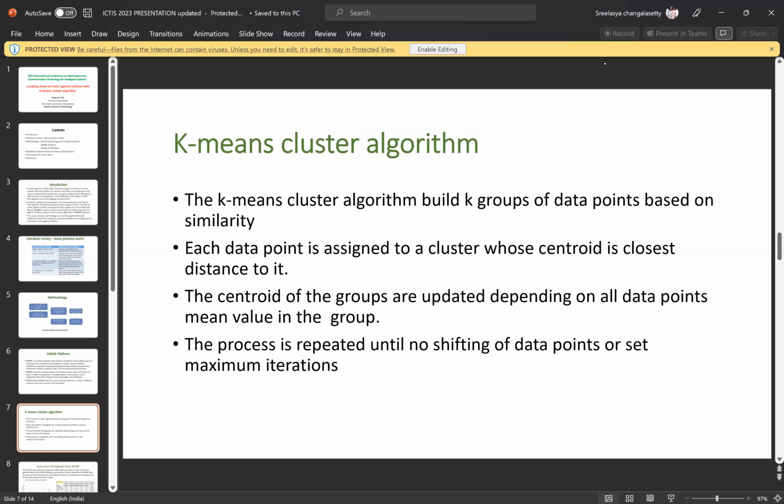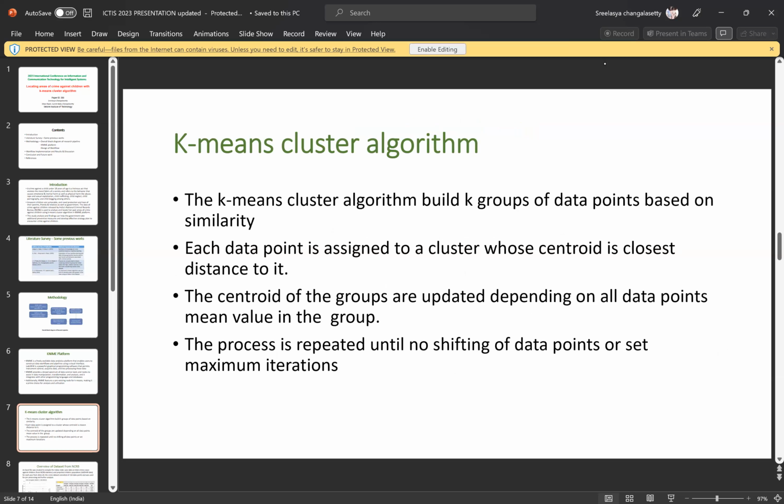So I'll just briefly be explaining why we chose the K-means clustering algorithm. A strong point about K-means is we can define how many clusters we want to create. And this is also an effect that we wanted so that we could classify various states into high risk and low risk areas.